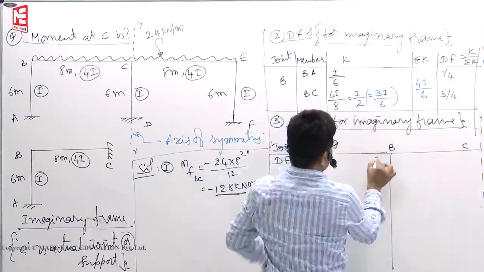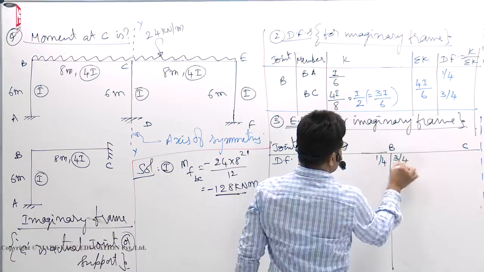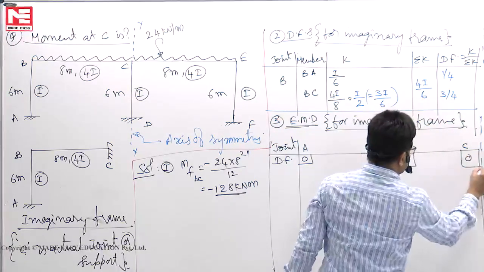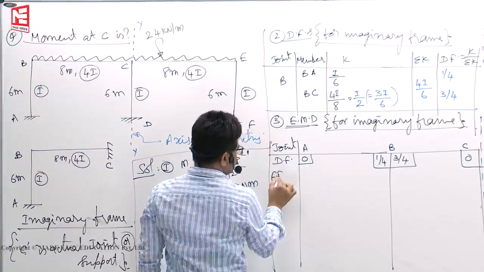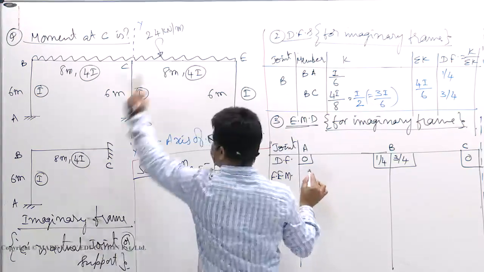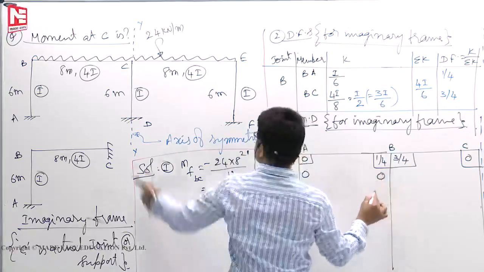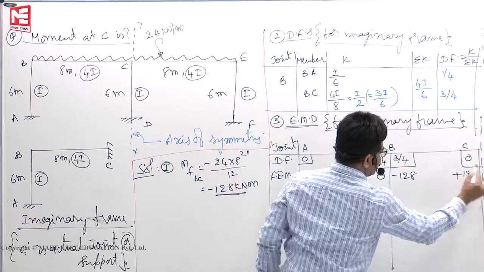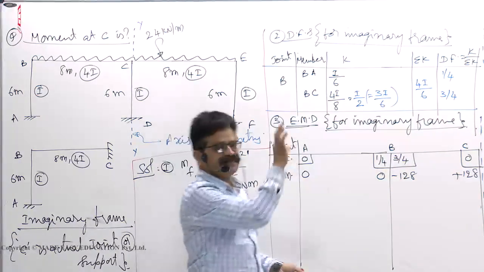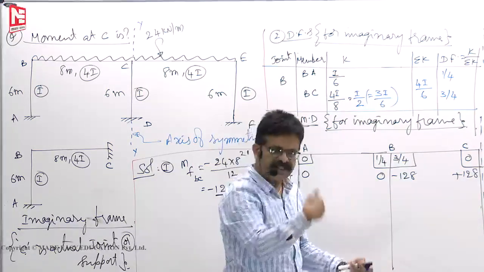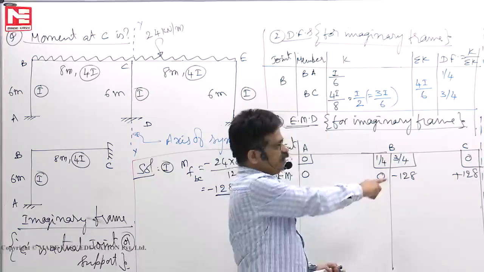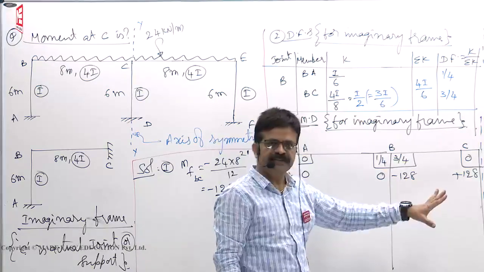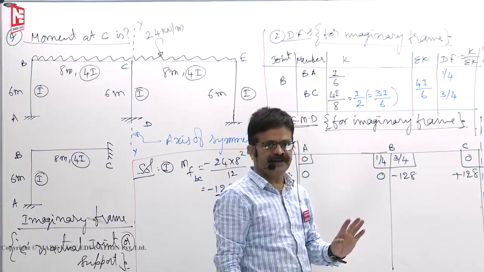BA 1 by 4, BC 3 by 4, C 0 because it's like a fixed support only. Then fixed end moments. MFAB on the span AB 0, 0, BC minus 128, CB plus 128. Because C is a fixed support, we should not release it because it can take it. The slope is 0 already. This is the moment required to make the slope 0. Already slope is 0, so whatever moment is there, don't unlock it because it's already locked.